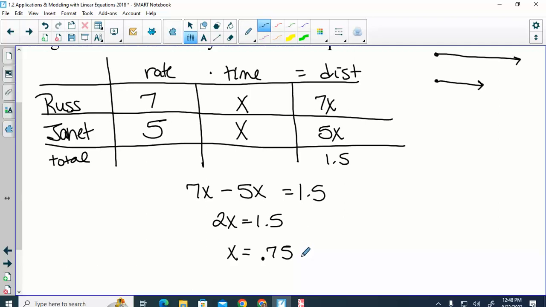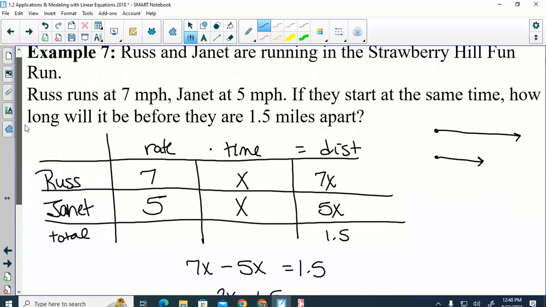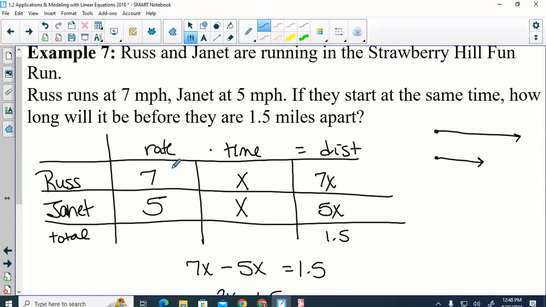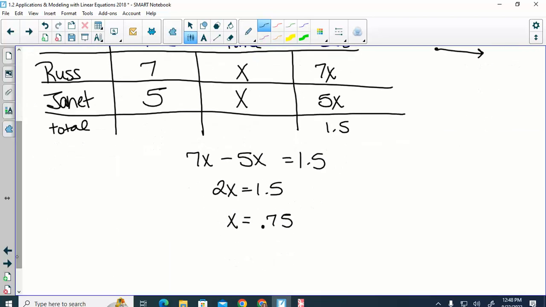We get 0.75. That would be in hours, because our rates were miles per hour, so our time is in hours. So in your sentence, you could say it would be 0.75 hours, or if I asked for minutes, how could you convert them into minutes? 45.